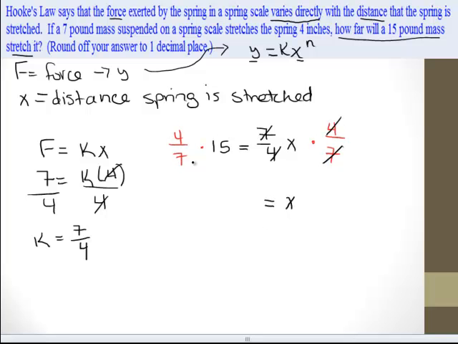Well, 4/7 times 15 is 60/7. Not really sure what that means, so let me pull out my calculator here. 60 divided by 7 is 8.6. Now that would be 8.6 what? How far will a 15-pound mass stretch it? So 8.6 inches.